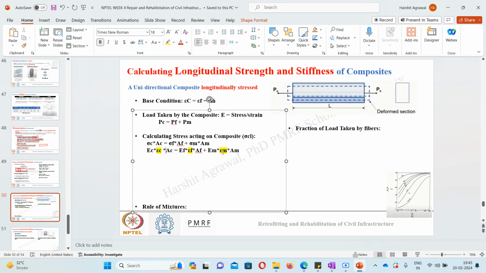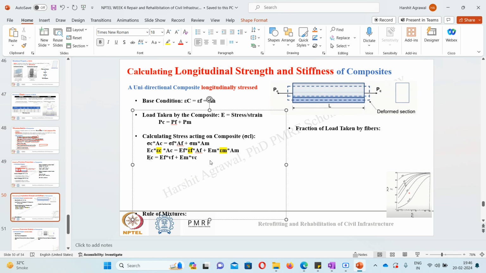And since I know the ratio of area of fiber to area of composite will be nothing but my volume fraction, because the total length is the same, A into L will be my volume, and since the length is the same, it won't matter. So AF by AC will be my volume fraction only. So I can write EC as nothing but EF times volume fraction of fiber plus EM times volume fraction of matrix.